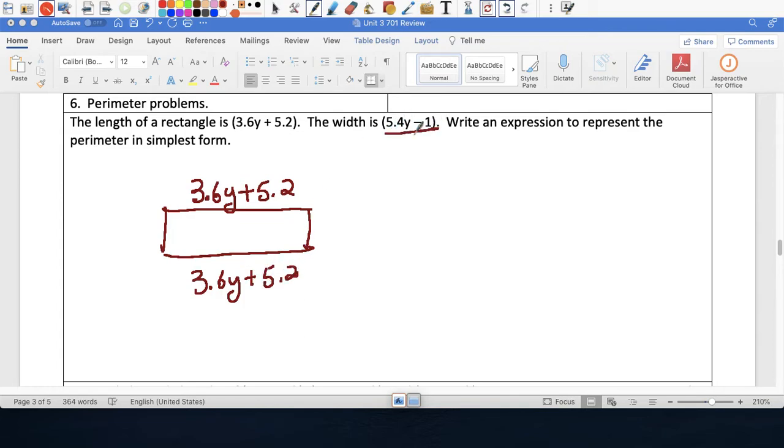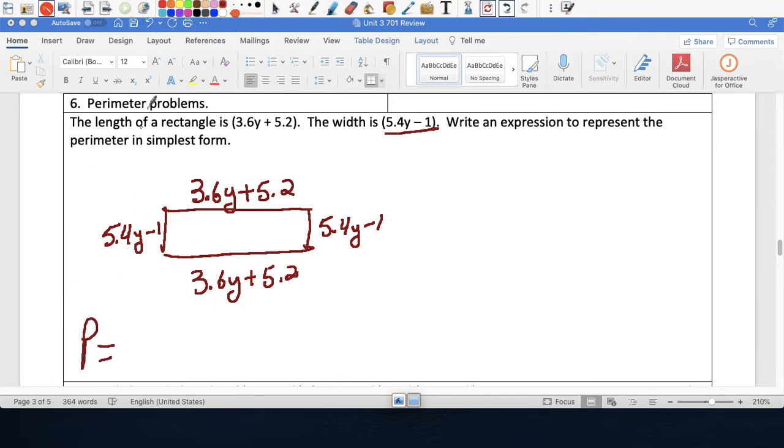And the width is 5.4y minus 1. So they're asking us for the perimeter. The perimeter is all the sides added together. So I'm going to add all the sides here at the bottom.